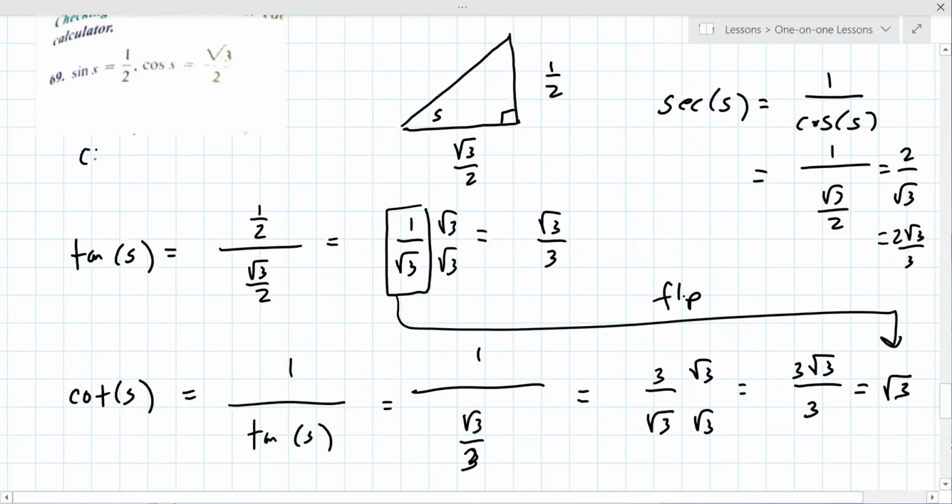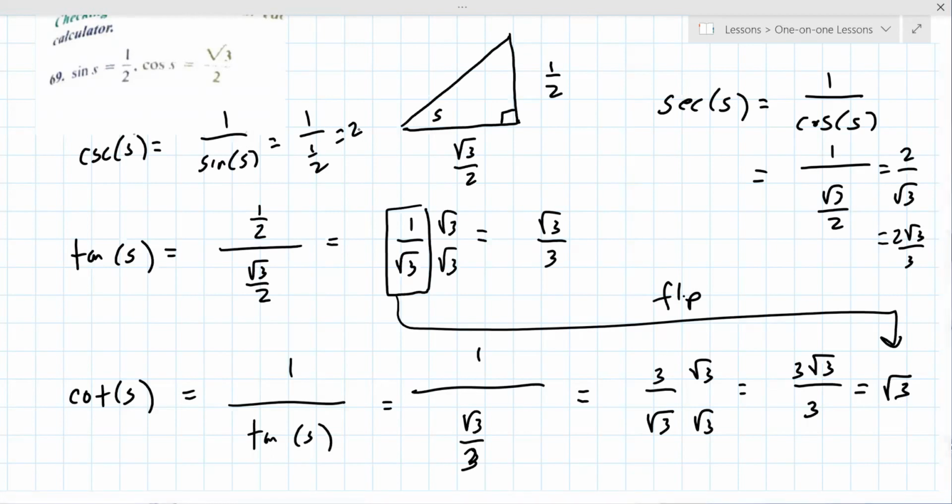And then cosecant s, this is 1 over sine s, which is 1 over 1/2, which is 2.